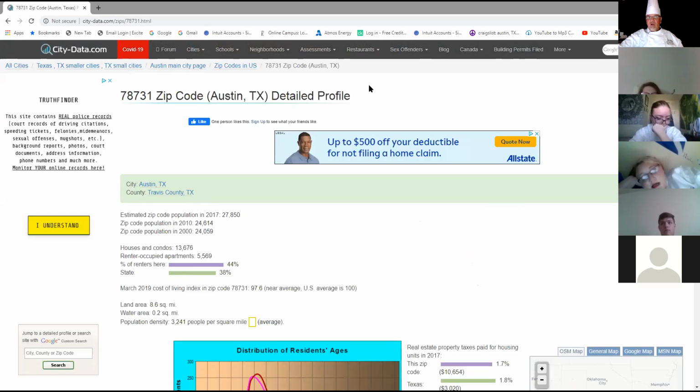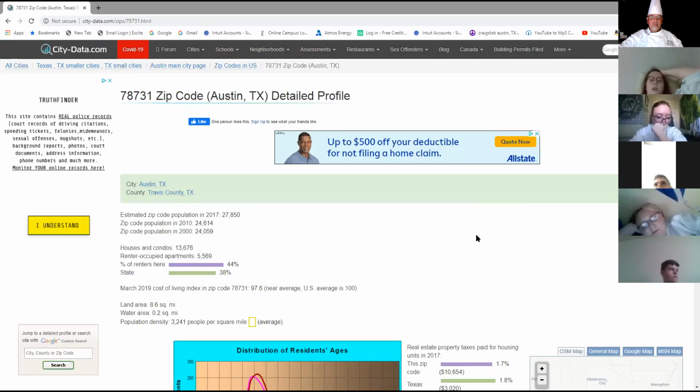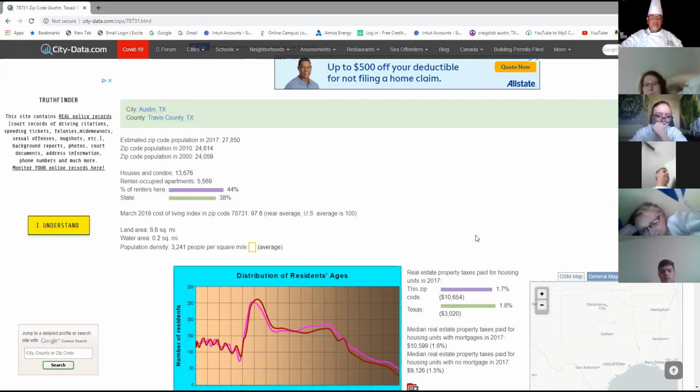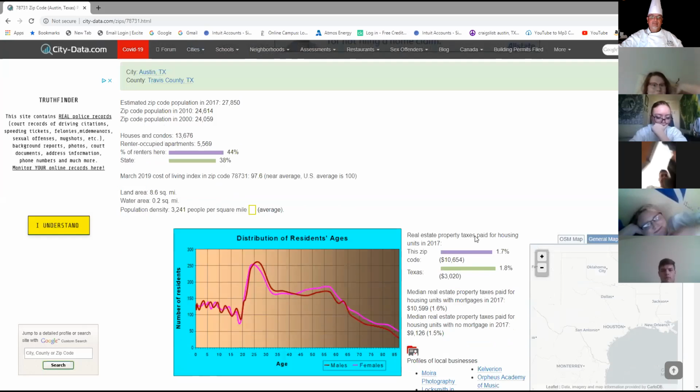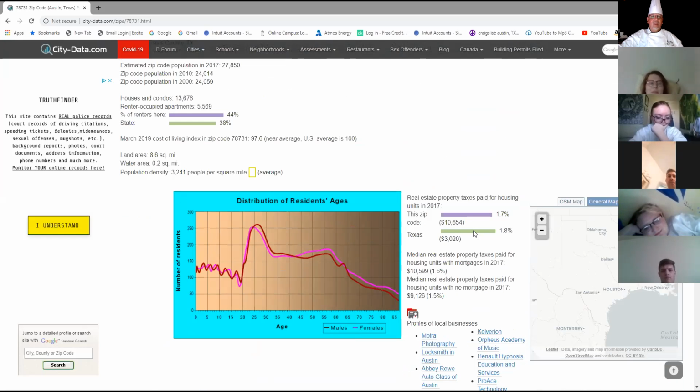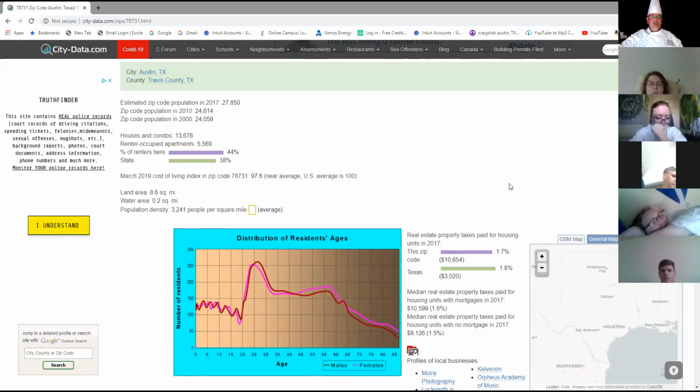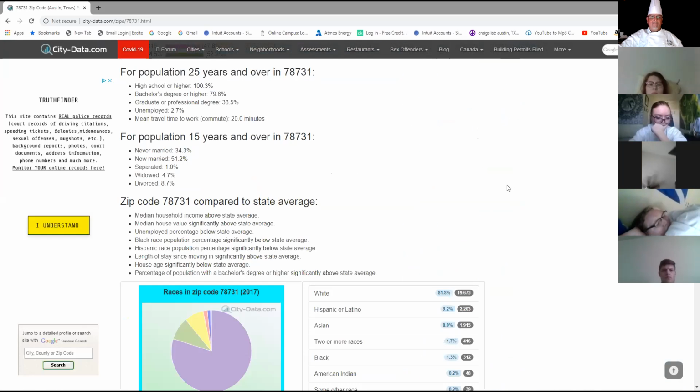What do you guys think is so important about having the demographics in your project? To know the demographics? To know your public. So one cool thing here is it's going to give you the median income, right?